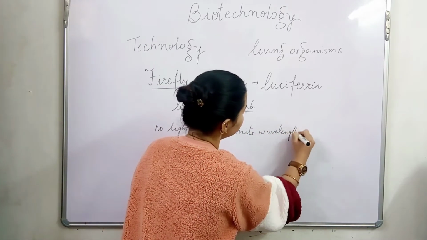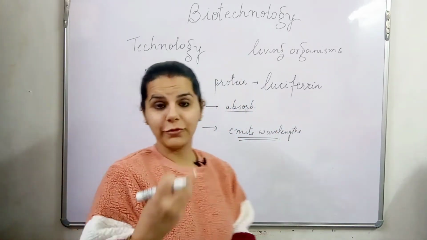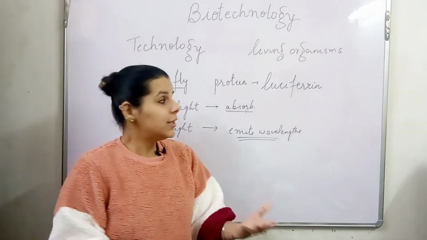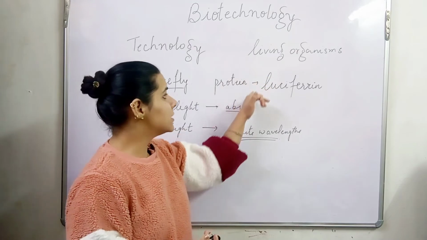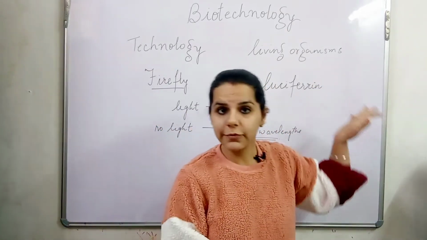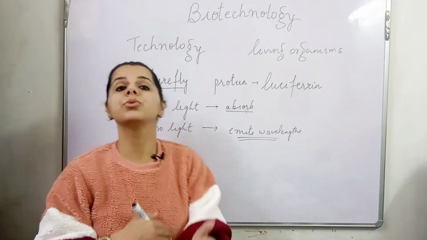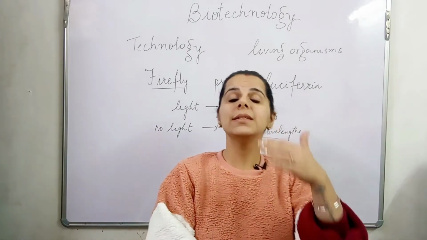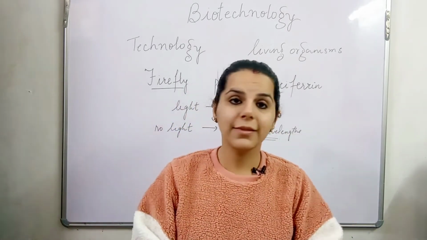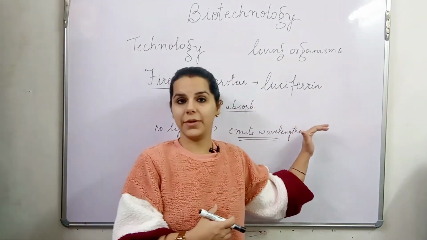Due to these wavelengths, the firefly glows. So now what scientists have done is isolate the gene responsible for the production of this protein called luciferin, and this gene is introduced into plants, and once inserted into the plant, the gene transcribes and then translates to produce this particular protein called luciferin.